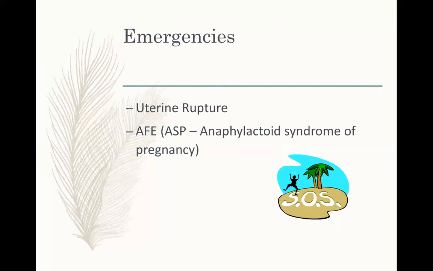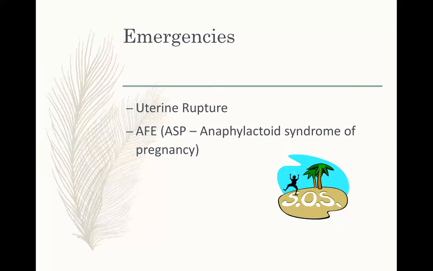Another aspect is AFE, which is an amniotic fluid embolism, or ASP, anaphylactoid syndrome of pregnancy. This is essentially the same thing. What happens here is we have a sudden cardiac collapse along with coagulopathy. So we're looking at anaphylactic shock, essentially, due to a foreign substance, which is the amniotic fluid, which is why it's called an amniotic fluid embolism.